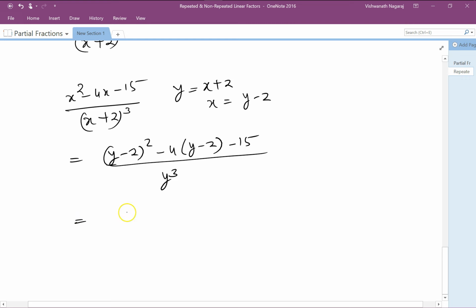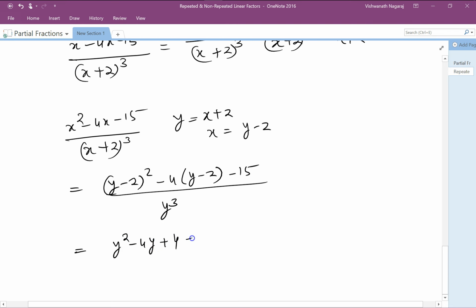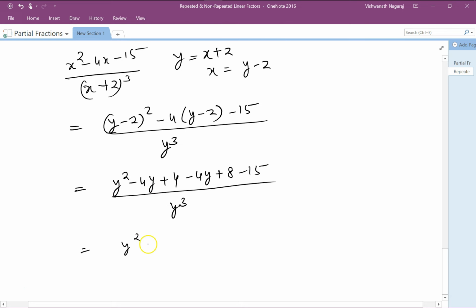Now expanding the numerator, y square minus 4y plus 4 minus 4y plus 8 minus 15 divided by y cube. Y square minus 8y plus 12 minus 15 is minus 3 by y cube.